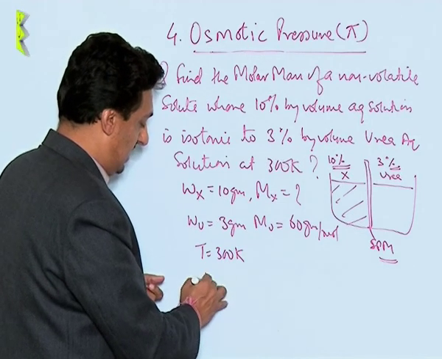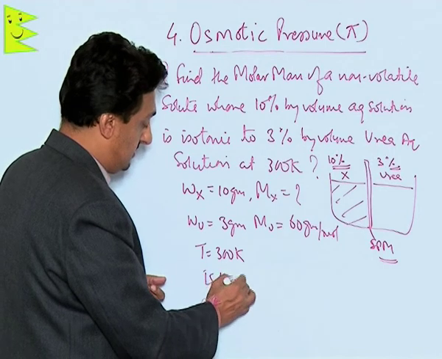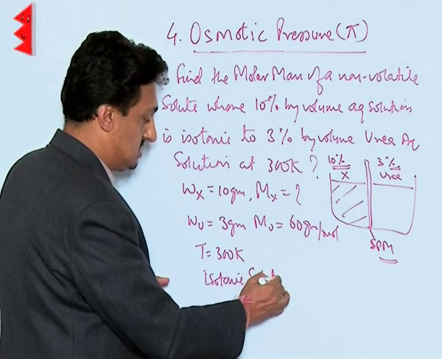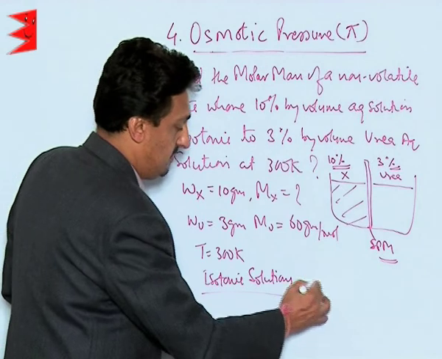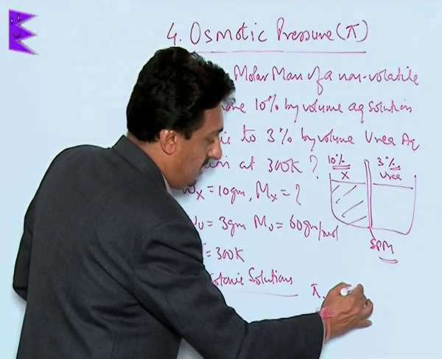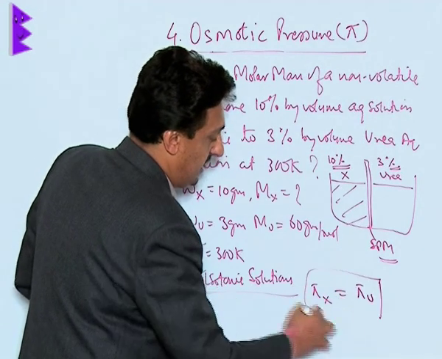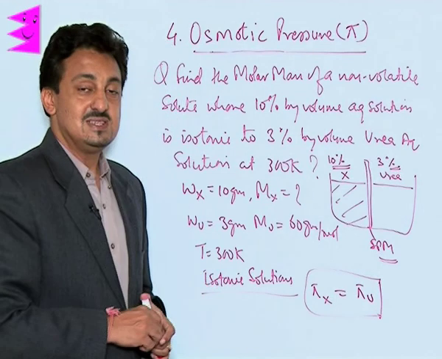Since the solutions are isotonic, as I have told you, the pi due to X will be equal to the pi due to urea. The pi of both these solutions will be the same.